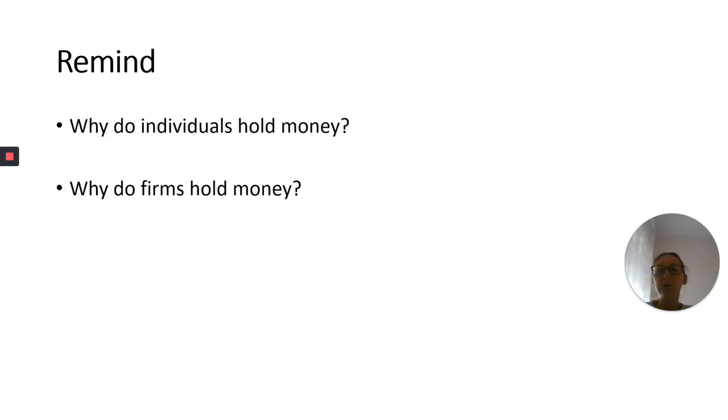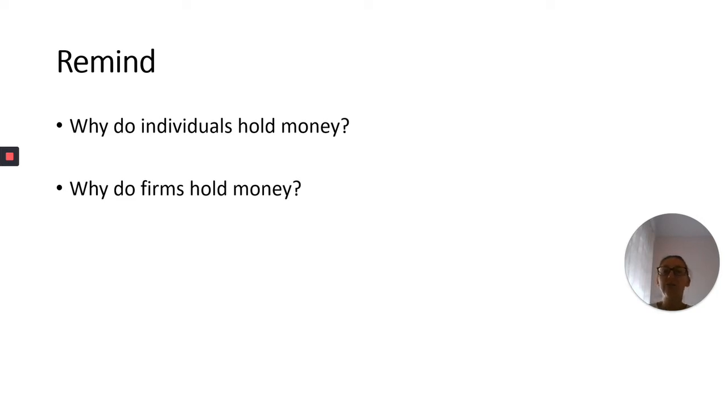So remember what we said last week when we talked about different functions of money. We said that transaction is the initial need for money, and both individuals and firms hold money aiming to save on time and so to save on costs when making transactions.